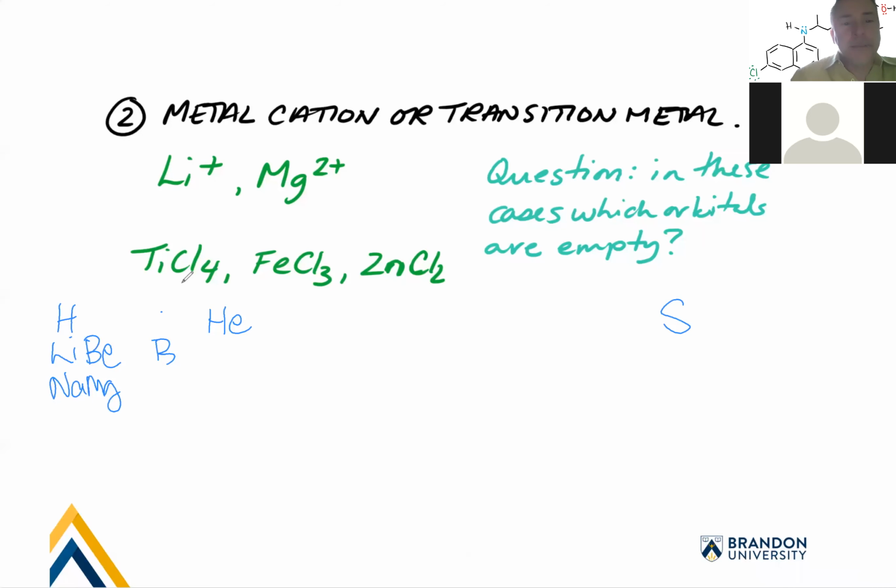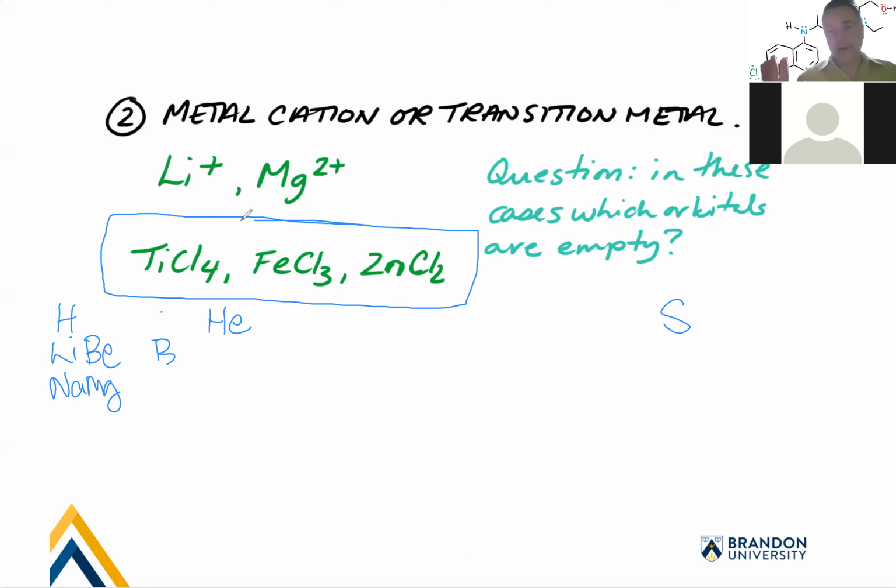Okay, transition metals. Titanium, iron, zinc, all of these have got, what's the neat type of orbital that transition metals have? You take an inorganic chemistry class if you want to learn all of the fun stuff about transition metals.